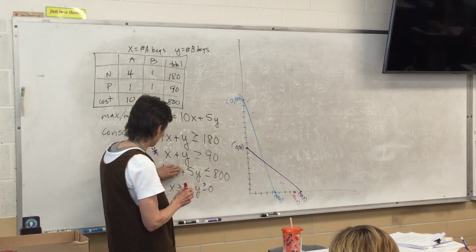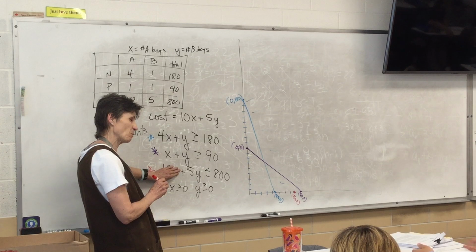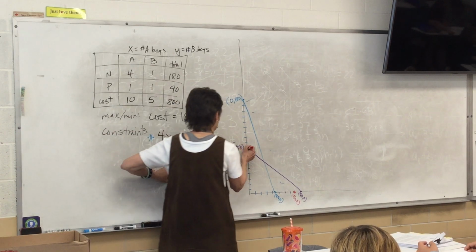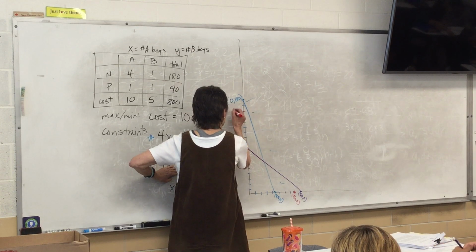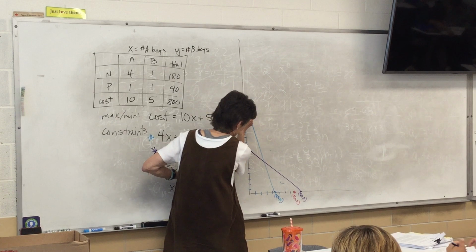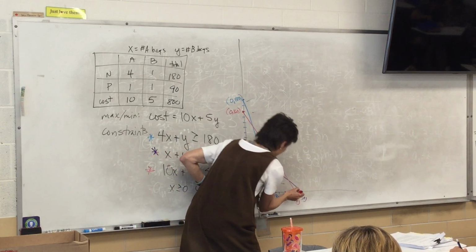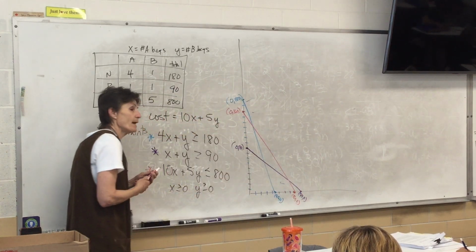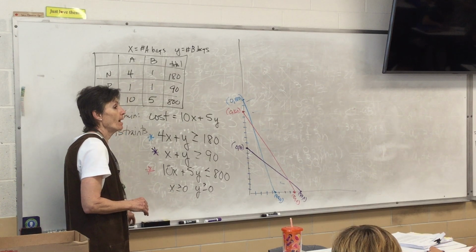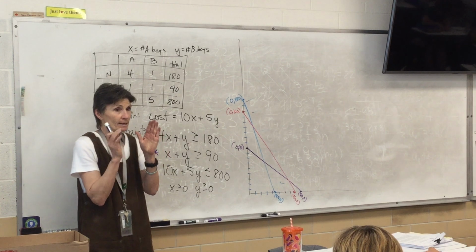And if I cover up x, it looks like y is 160. I'm going to connect those with this nice straight line. And where is that one shaded? Under.